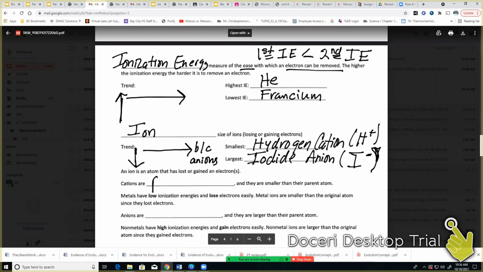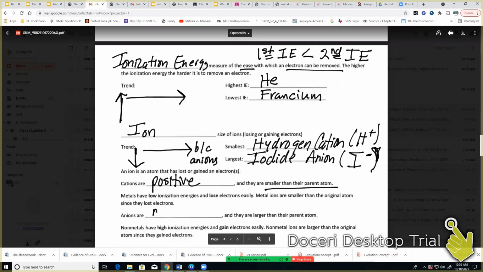So cations are your positive ions, and they are always smaller than their parent ion. You can think of it that they're losing a particle, that makes them smaller, but now they have less electrons, same number of protons, so those protons will hold those electrons tighter. So metals have a low ionization energy because they lose electrons easily.